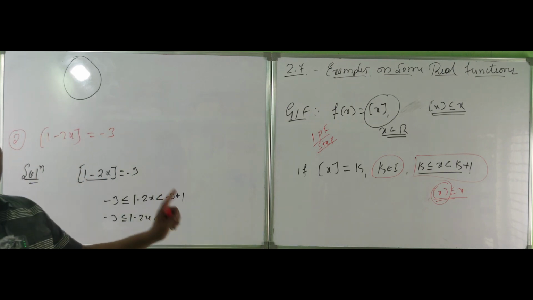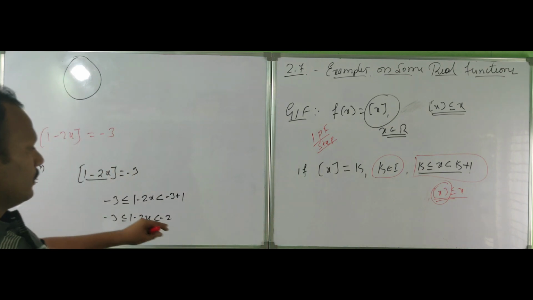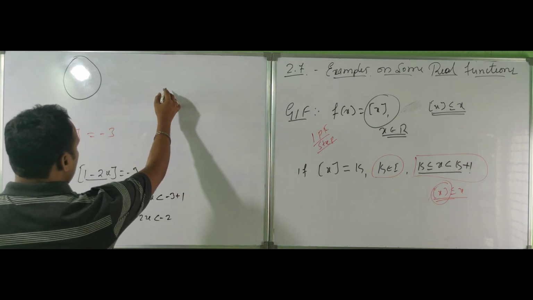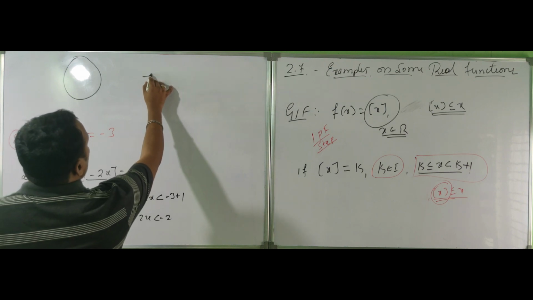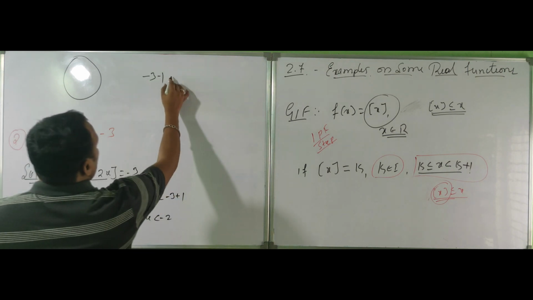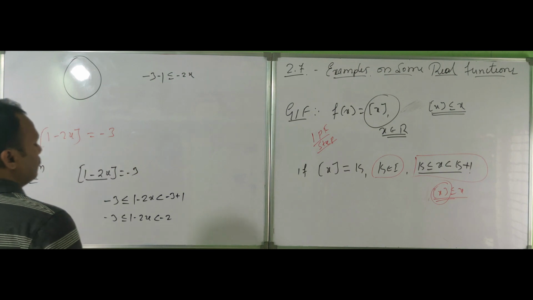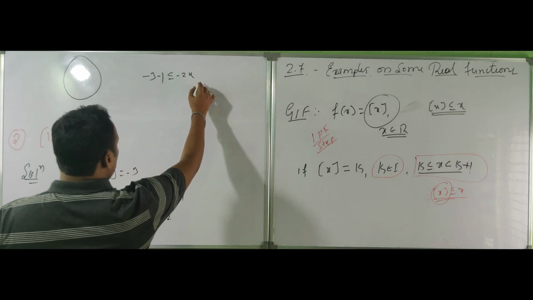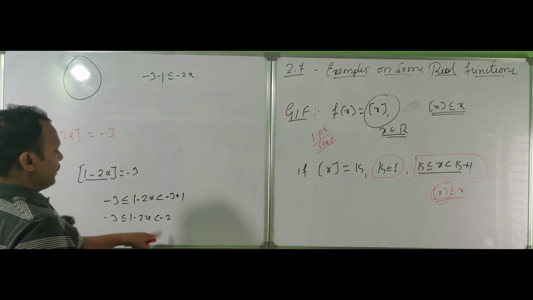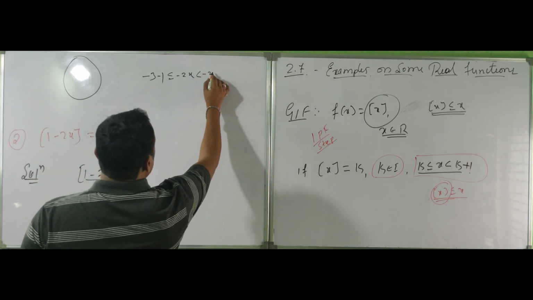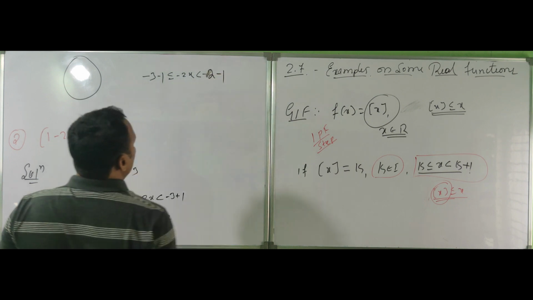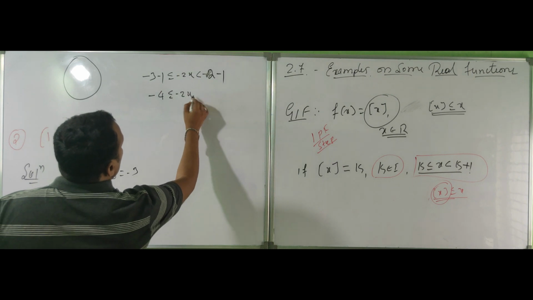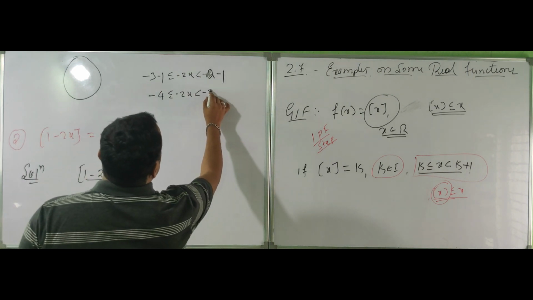Last time I separated the two inequalities, but instead of wasting time, just write it together. Subtracting 1, this becomes minus 4 less than or equal to minus 2x, which is less than minus 3.